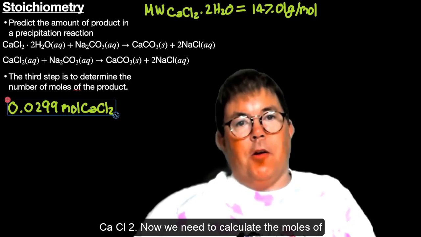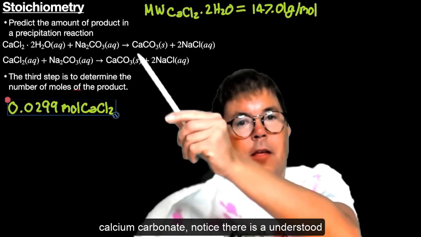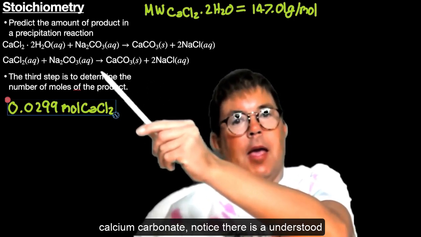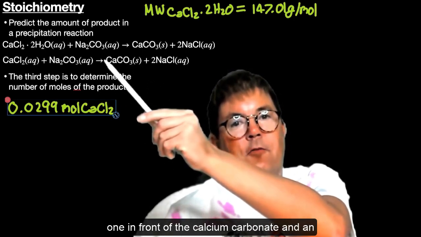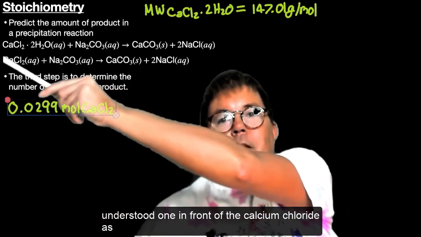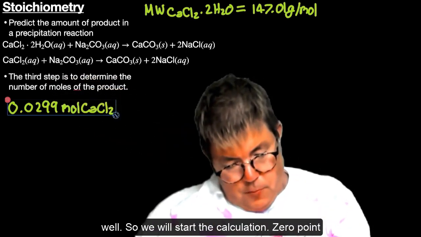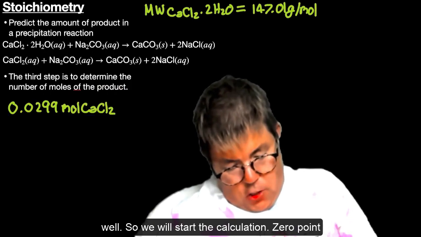Now we need to calculate the moles of calcium carbonate. Notice there is an understood 1 in front of the calcium carbonate and an understood 1 in front of the calcium chloride as well. So we will start the calculation.